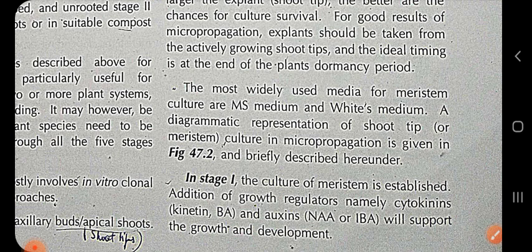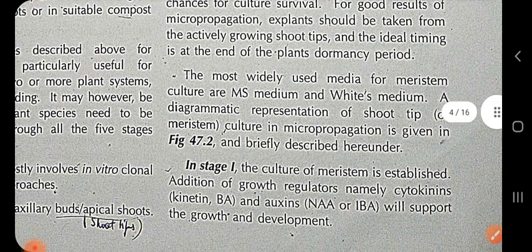Okay, now there is a diagrammatic presentation of this shoot tip culture or meristem tip culture, so I will show you that diagram on the next page. In stage one, the culture of meristem has been established.